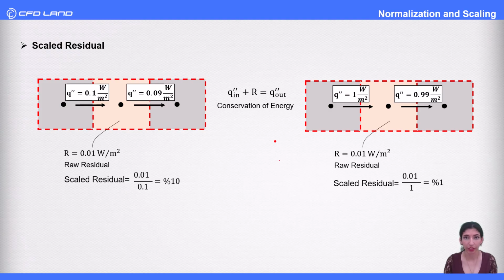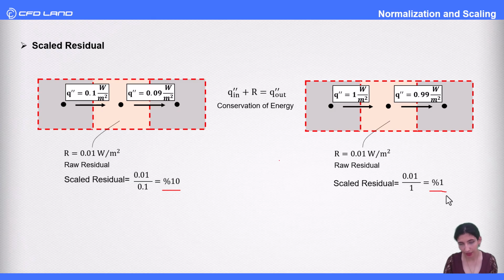Now we see we cannot decide. So, what's the solution? The solution is scaling residuals. When you scale residuals, you can see what percent of error you have, and whether you need more iterations or your solution is converged.